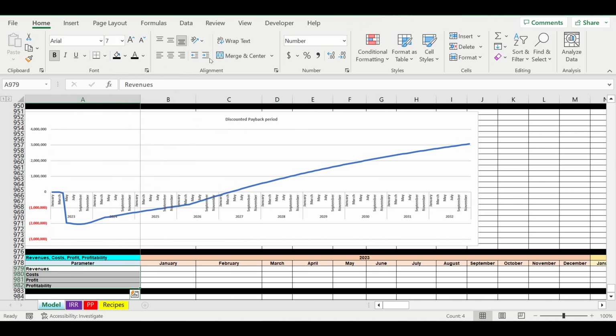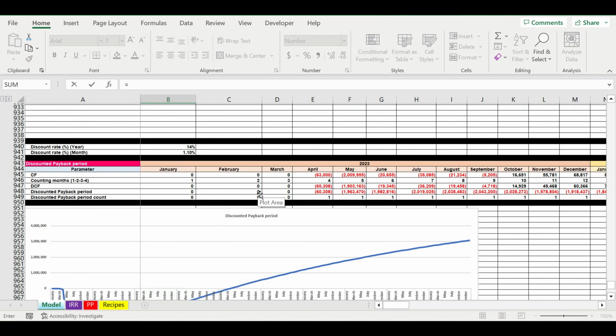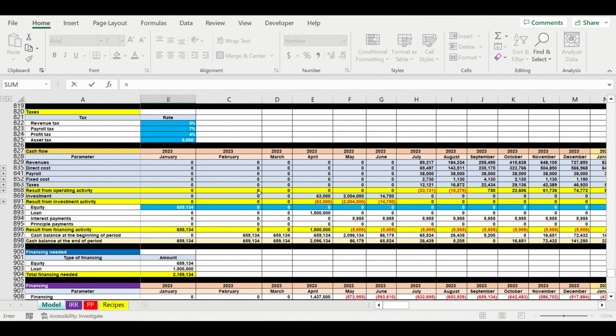So now let's go to the cash flow statement. We're pulling the revenues from here. Then we are calculating costs. We're going back to the cash flow statement. So we're taking direct costs plus payroll plus fixed costs plus taxes plus interest payments plus principal payments.